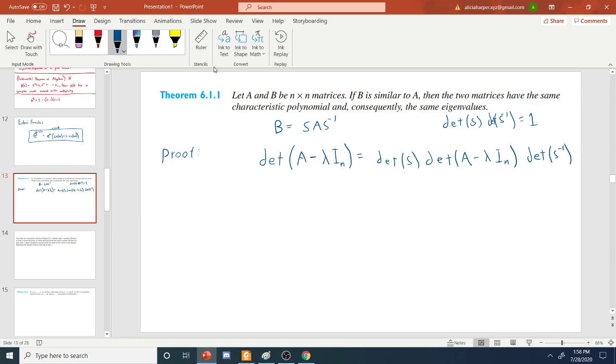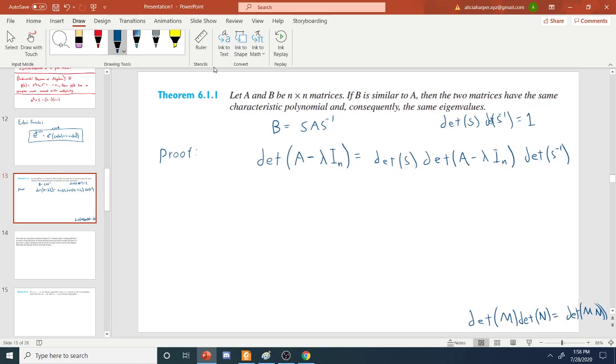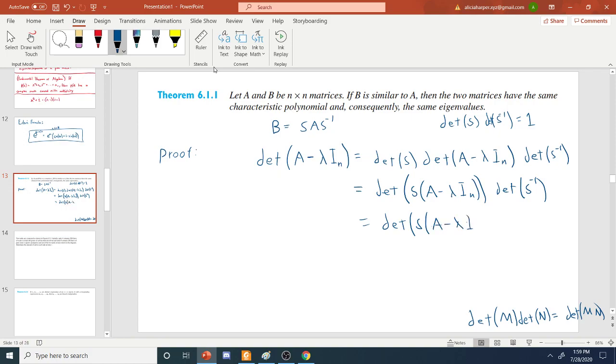But we also know that the determinant of M times the determinant of N is the same thing as the determinant of M times N. So this right here is the same as the determinant of S times (A minus lambda I_n) times the determinant of S inverse, which itself is the same thing as the determinant of S times (A minus lambda I_n) times S inverse.